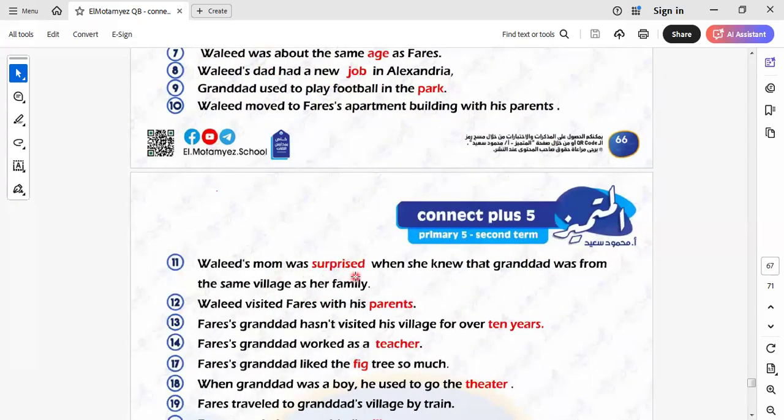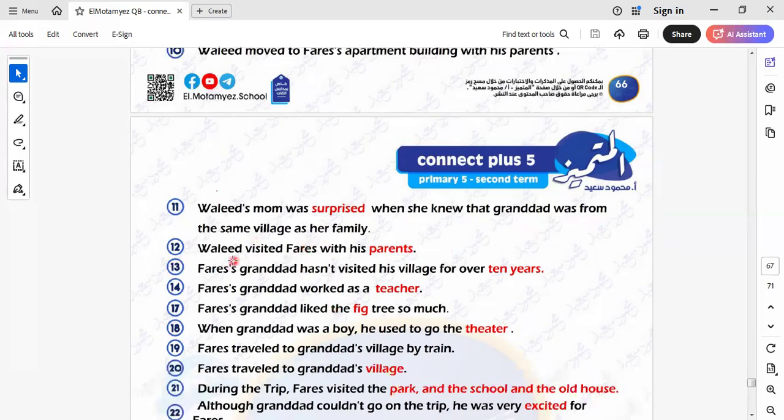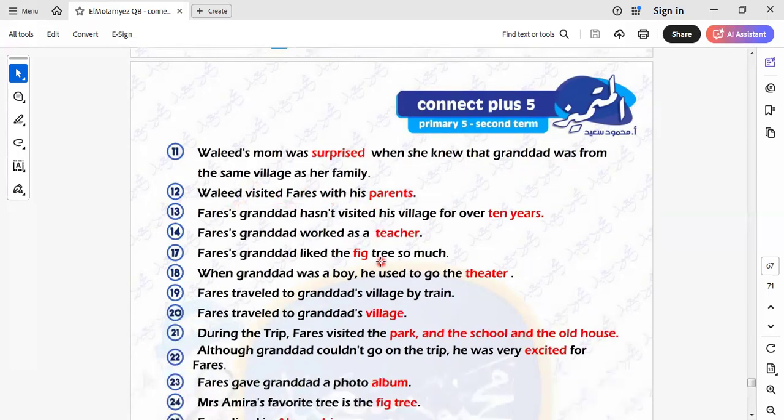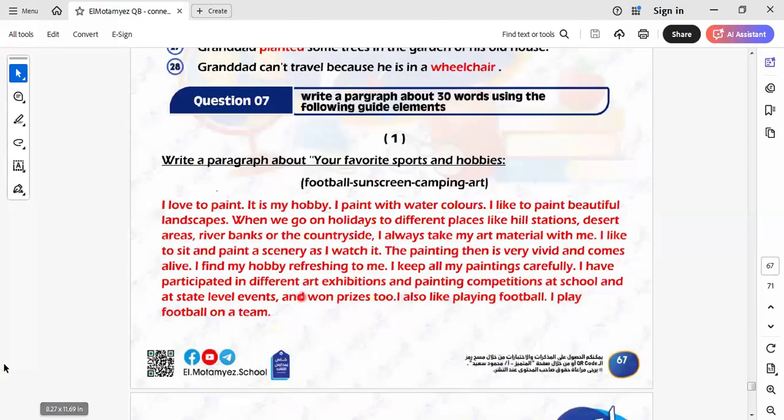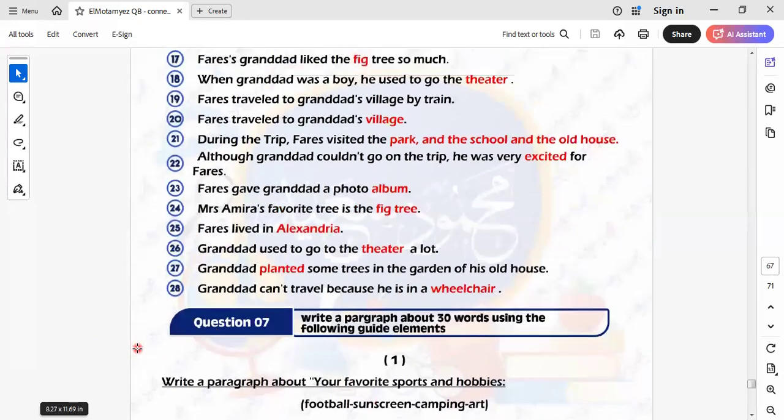Walid's mom was surprised when she knew that granddad was from the same village as her family. Walid visited Faris with his parents. I will leave the rest for you to read by yourself.